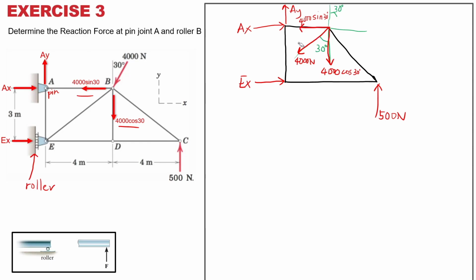If you're confused, you can remove the components that are not involved in your calculation. You've done all your job, right? You have resolved properly. If you want to be less confused, you can remove it lah. Otherwise, just keep it. Okay, so let's do the equations that we are supposed to do.